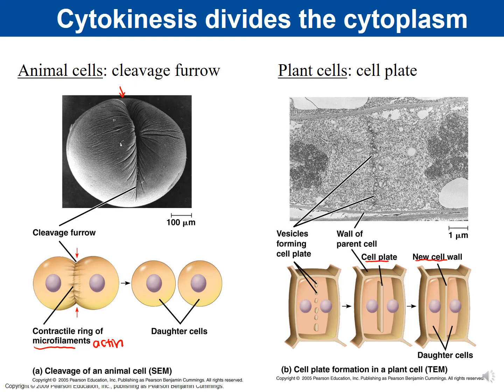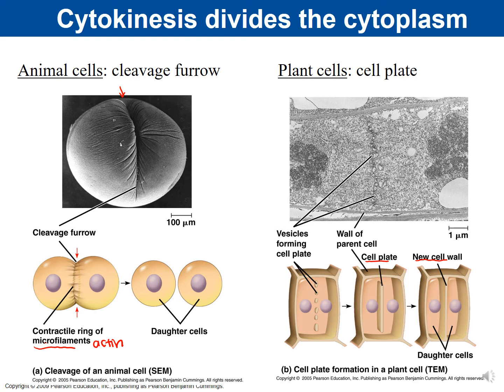And so there's a question in your lab that asks you about differences between plant and animal cells, right? It asks you to list some of the differences between plant and animal cells. Here's one, right? The way that they do cytokinesis is different. Animal cells use a cleavage furrow. Plant cells use a cell plate. There's one difference. There are two other big differences that we've talked about.